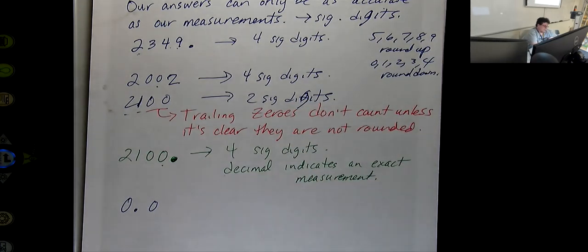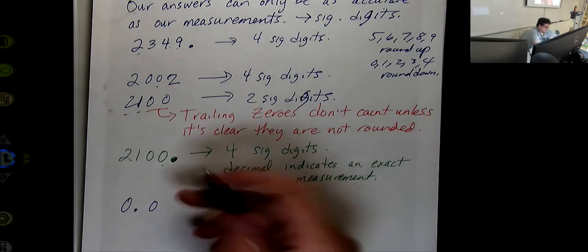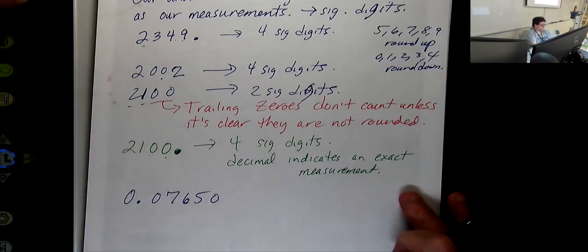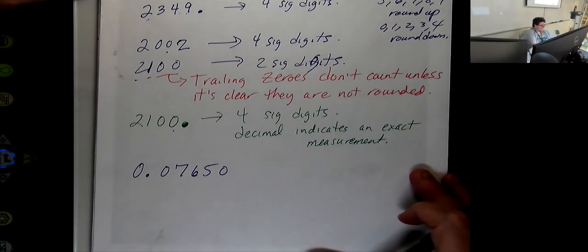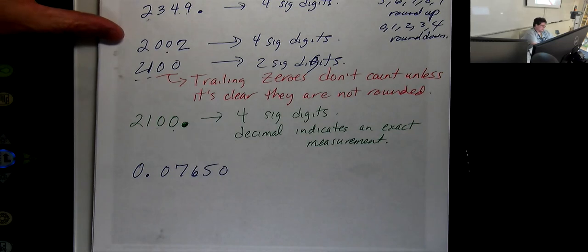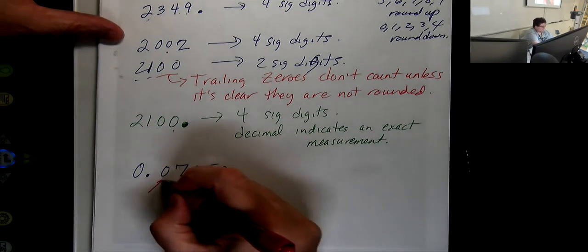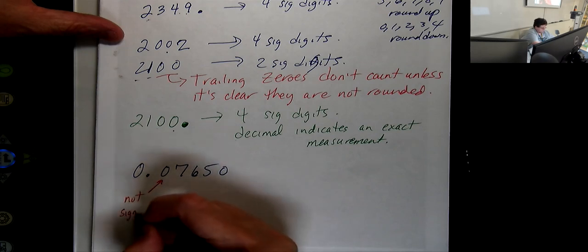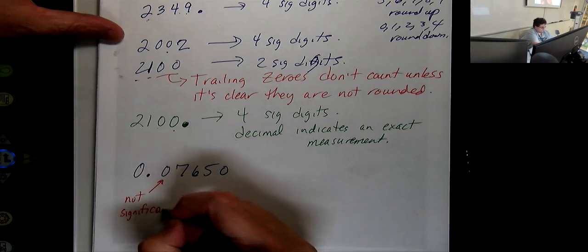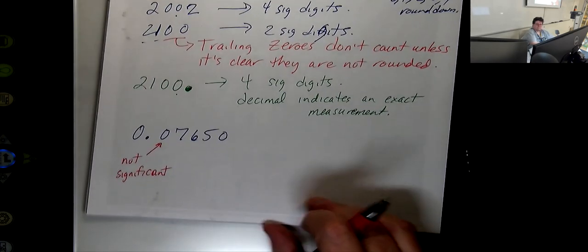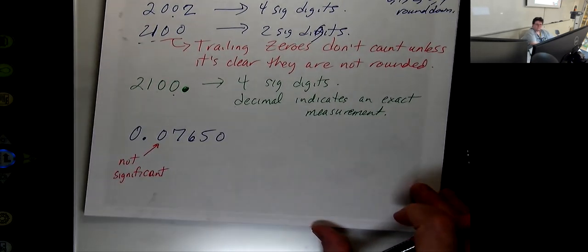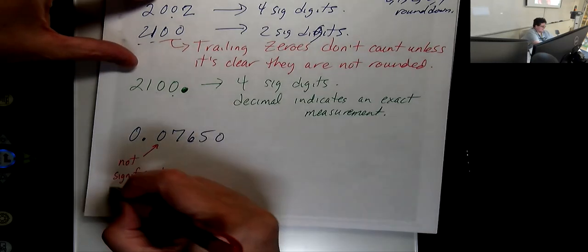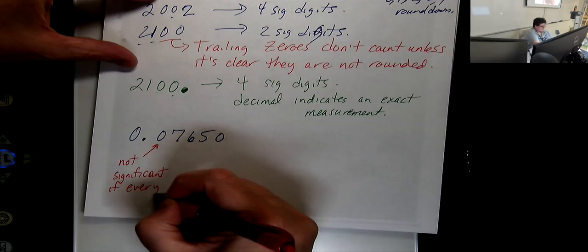So, if we have this, zeros in front are considered not significant, if everything in front of it is a 0.